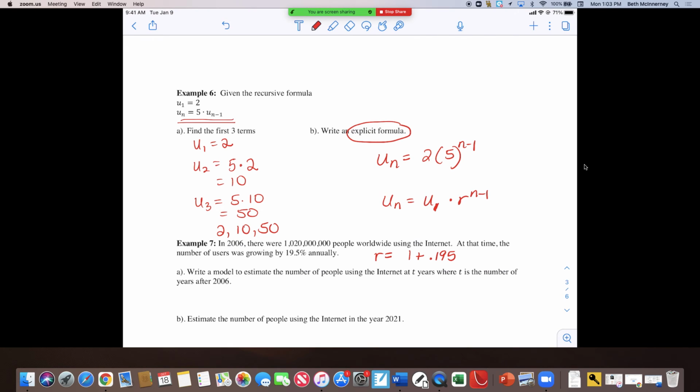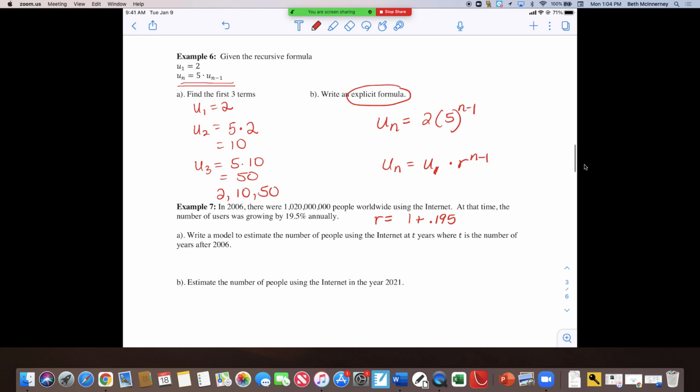If it's decay or depreciation, it's 1 minus that to get the r. Let me say that again because this is important. If you have a growth that's increasing, you do 1 plus that rate as a decimal. If you have a decay or depreciation, it's 1 minus that rate as a decimal.